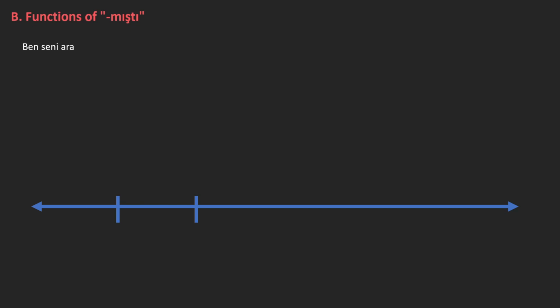Ben seni aradım. Sen gittin. This happens first. So this happens at 7 o'clock. No, wait. This one happens first. And then I call you after. So I call you at 8 o'clock. Ben seni aradım. Sen gittin.